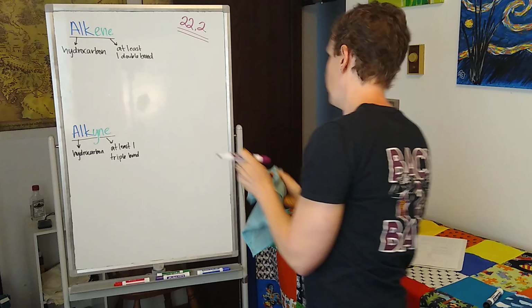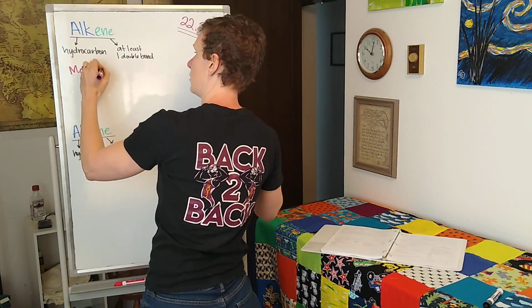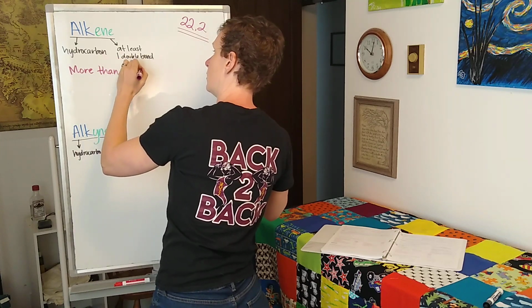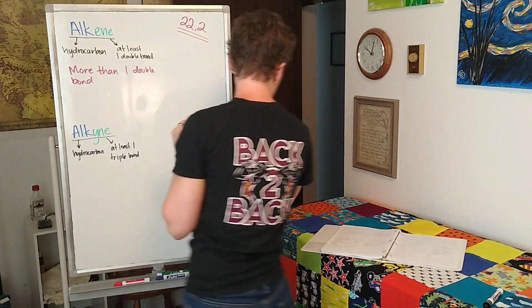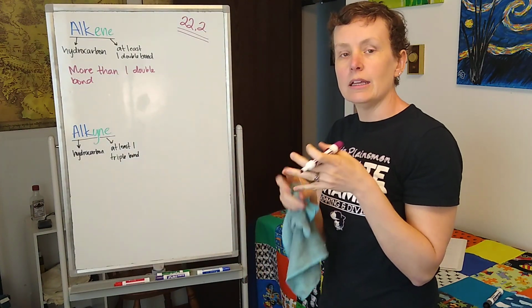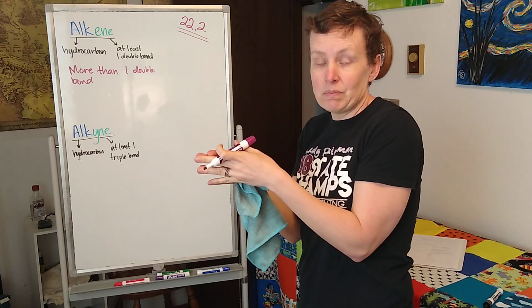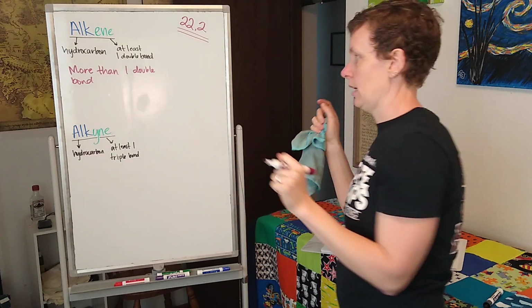Okay, so now, more than one double bond. We're going to use di or tri in the middle of the name. Or if it has 4 double bonds, we're going to put tetra in front of the name, okay?